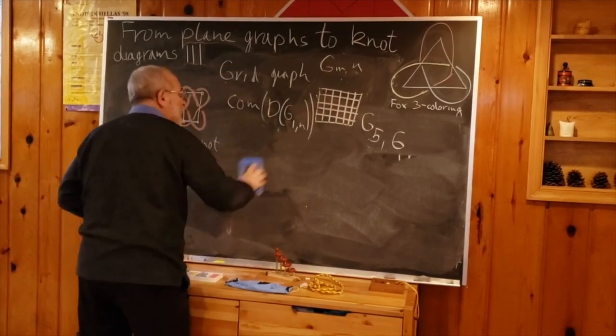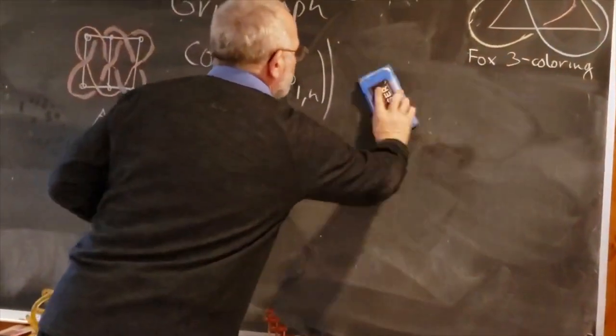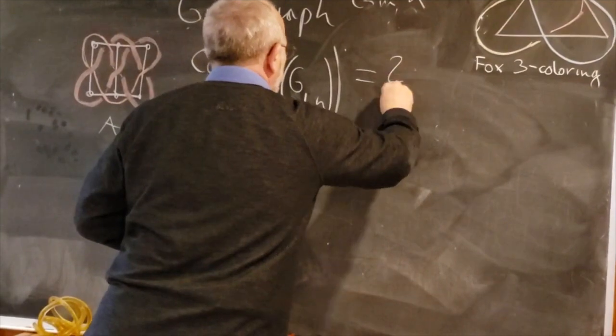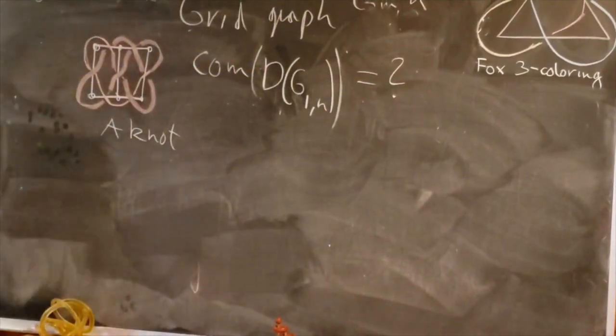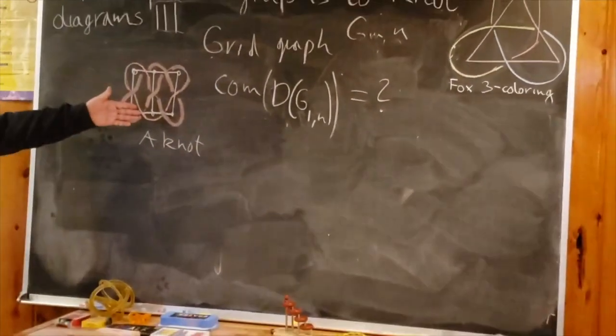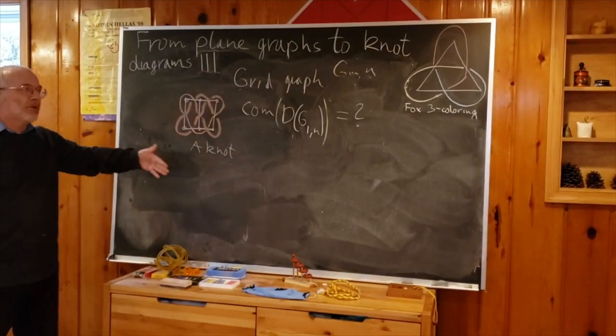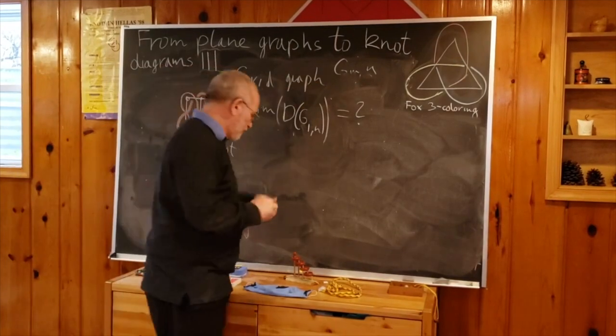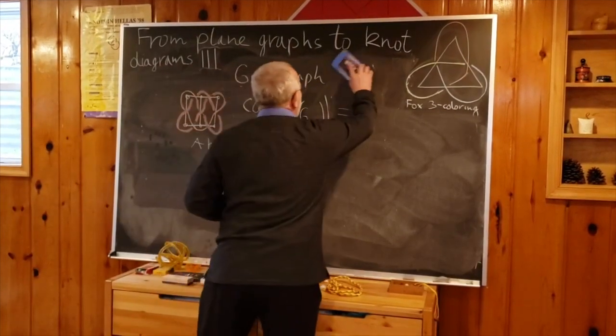So let me erase the general grid graph. So just as this exercise I will do. Now we'll find a pattern or formula, and as homework we'll do a similar thing for 2.